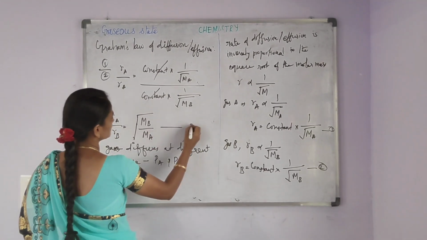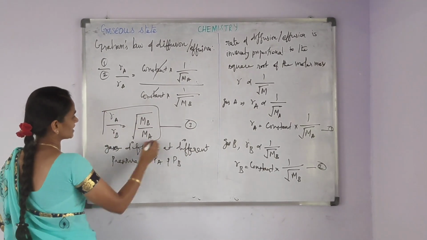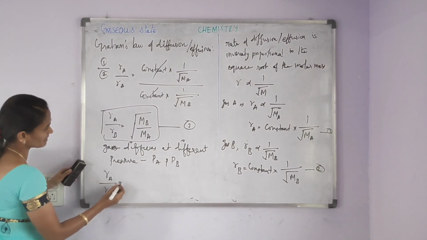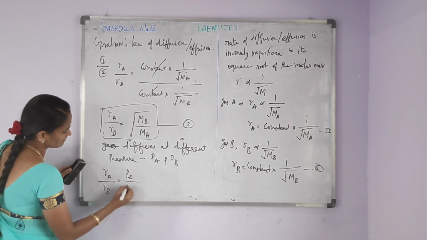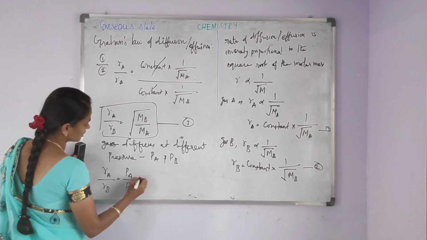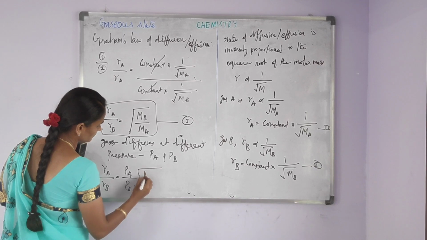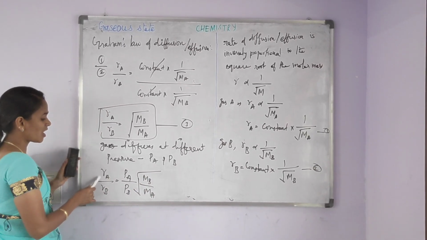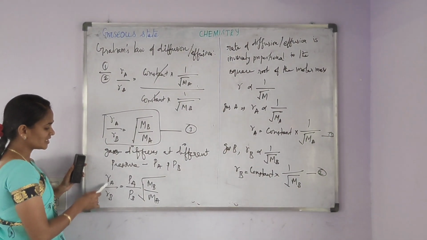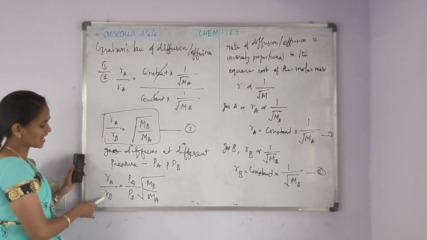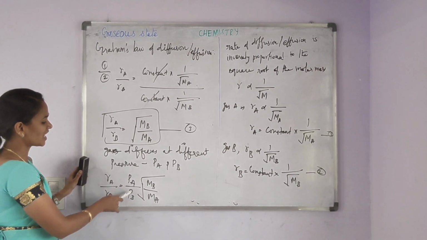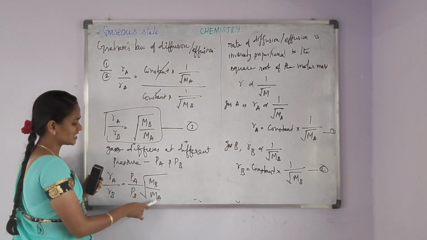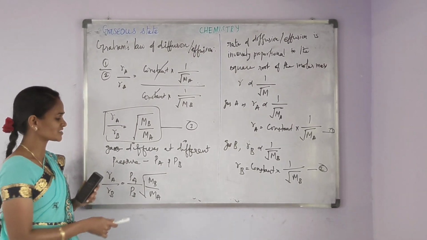So this equation will become Ra divided by Rb is equal to Pa divided by Pb into square root of Mb divided by Ma. Here Ra and Rb are the rates of diffusion of A and B. Pa and Pb are the pressures of A and B. Mb and Ma are the molar masses of B and A.